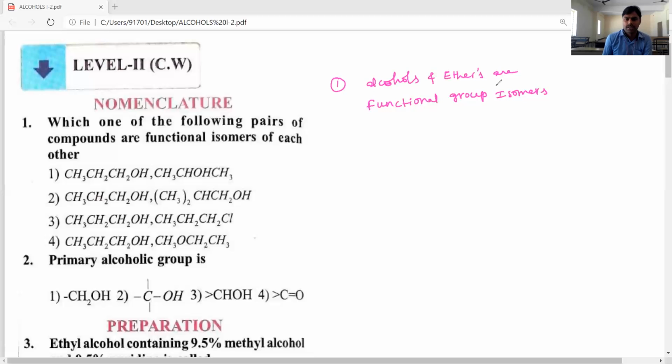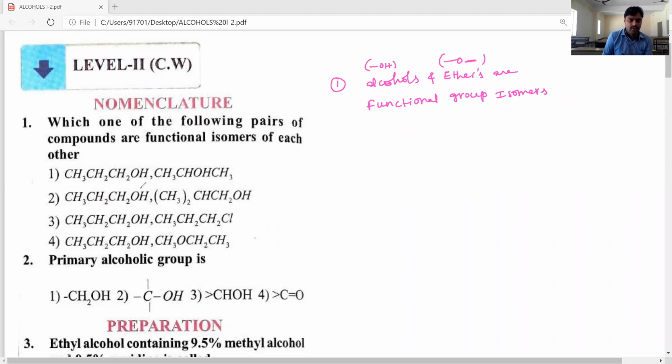The compounds having the same molecular formula but different functional groups. In alcohols, the functional group is OH, and in ethers, the functional group is the oxygen atom connected with two alkyl groups. Now, which of the following pairs of compounds are functional group isomers of each other?